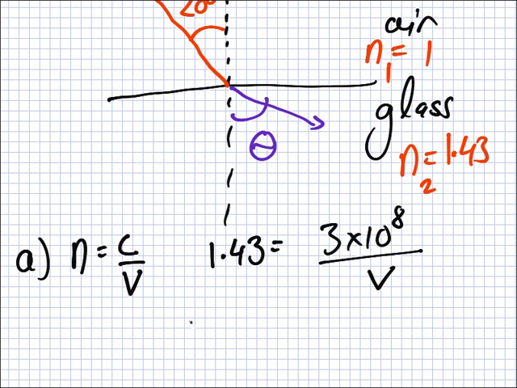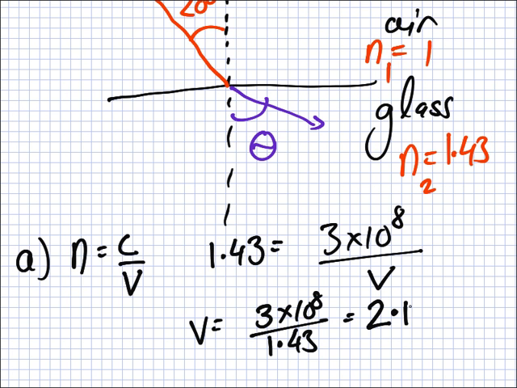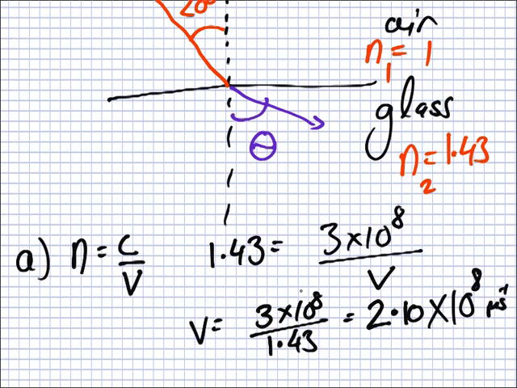So v will equal 3 times 10 to the 8 over 1.43, which will be what? 2.097, so about 2.1 times 10 to the 8 meters per second. Okay, are we okay with that, folks?